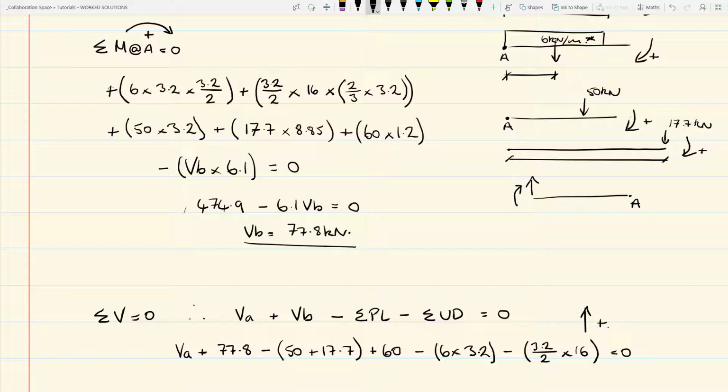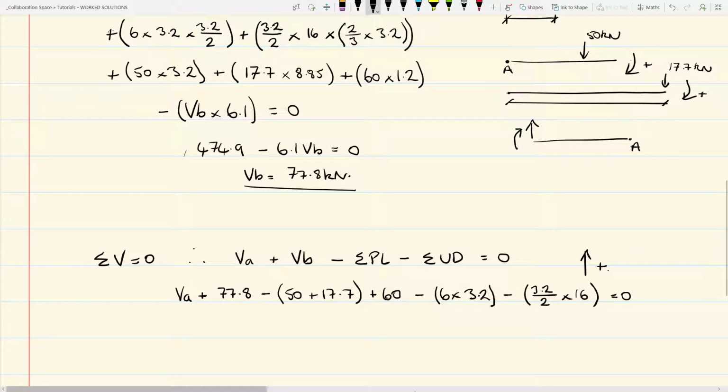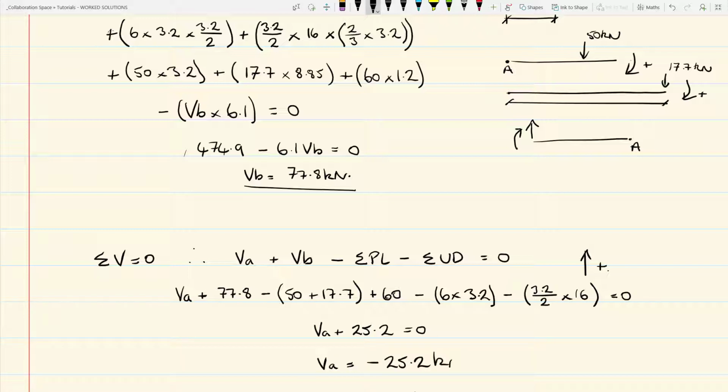If you go on and resolve that, you will get that VA plus 25.2 equals 0. That gives VA equals minus 25.2 kilonewtons.